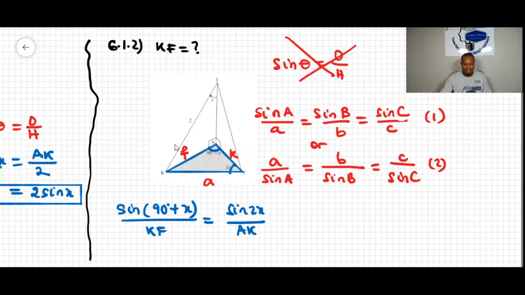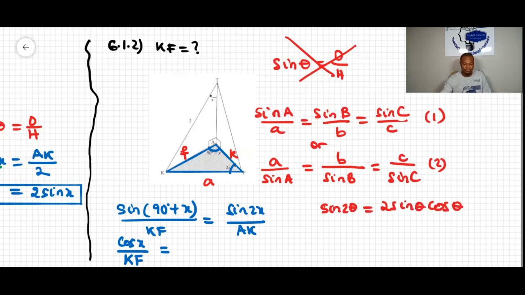Okay. Then we can reduce this. Sine of 90 degrees plus X is equivalent to cos X. So this will be cos X over KF. And then sine of 2x can be written, according to the sine double angle property, as 2 sine theta times cos theta.